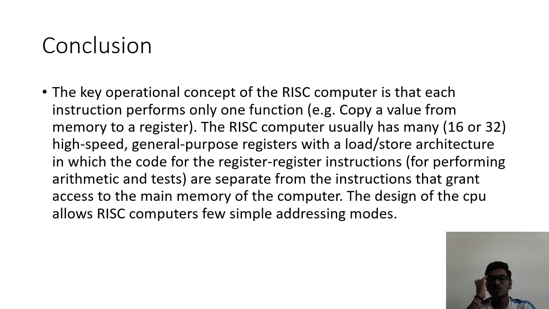Here, the conclusion is that the key operational concept of a RISC computer is that each instruction performs only one function, for example, copy a value from memory to a register.